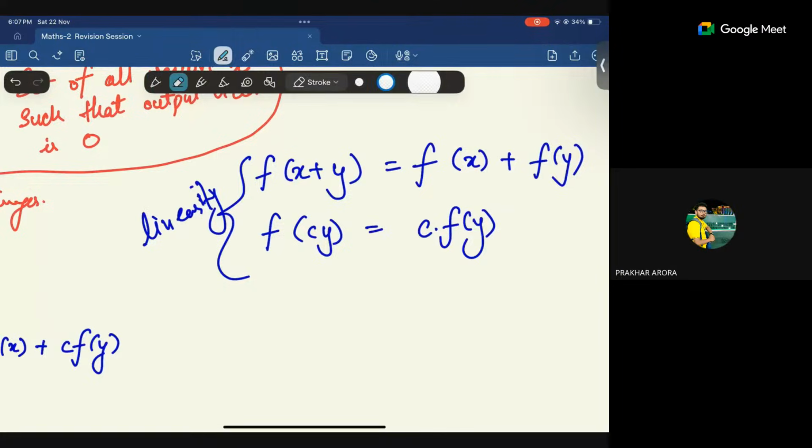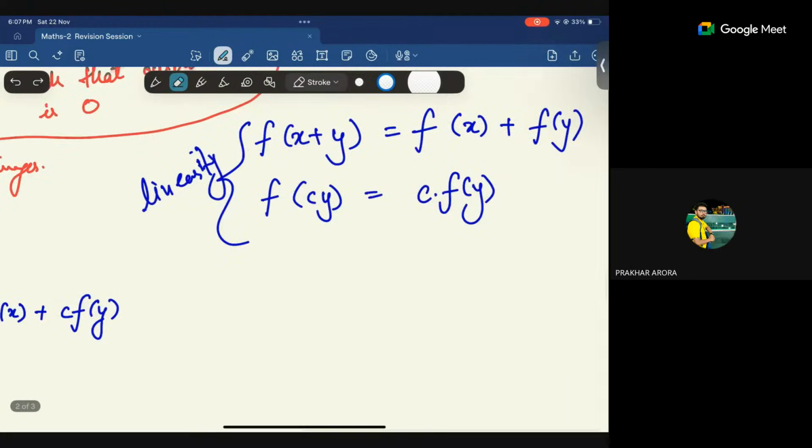Hyperplanes also. Whenever I say lines and planes, I am implicitly talking about lines, planes, and hyperplanes. If I omit that, just assume I don't want to say it to save some words. So this is what linearity is.